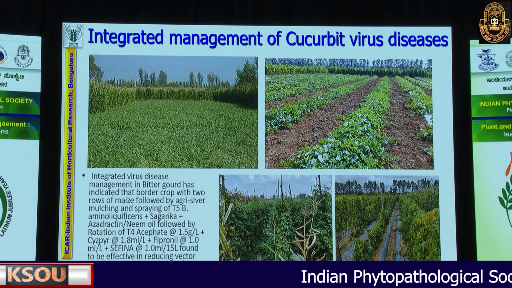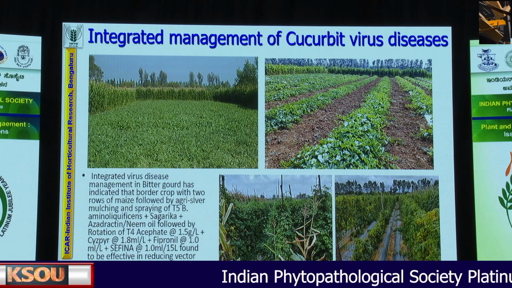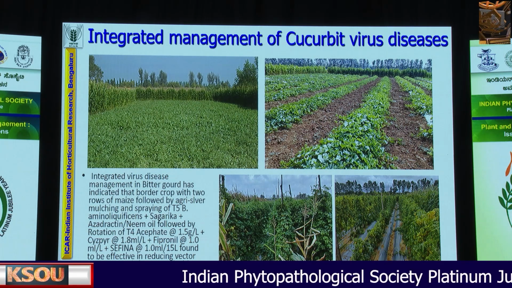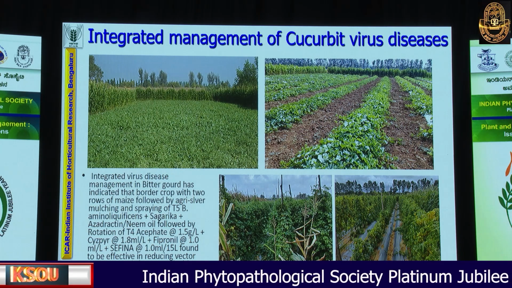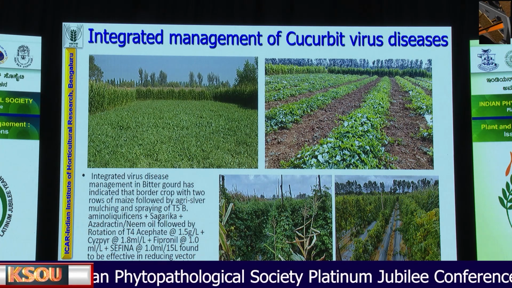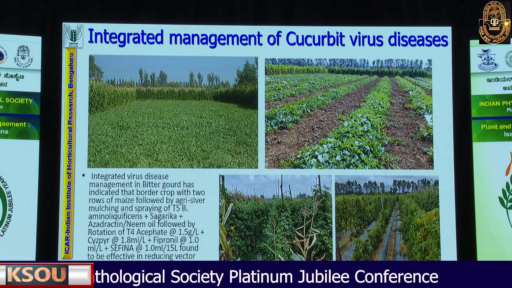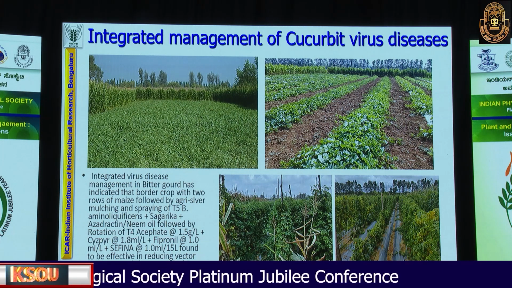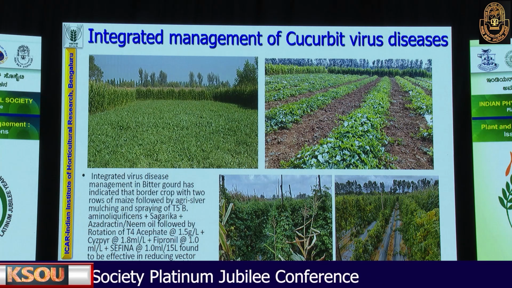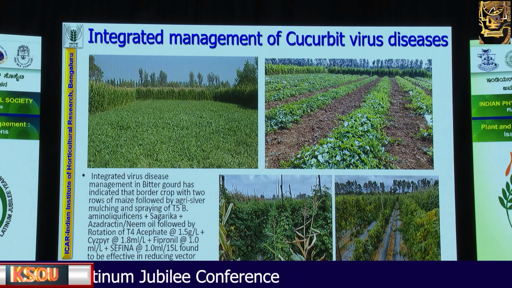We have successfully shown, in our experiments over the past 3 years, that the application of amino liquids, seaweed extract and neem seed oil has contributed to higher yield, whereas the chemicals, acephate and fipronil insecticides, are not on par with this. It is higher.